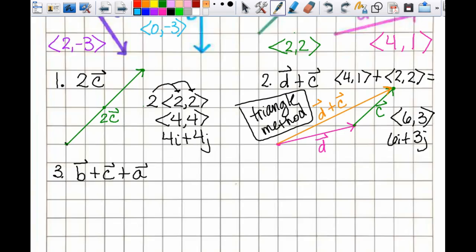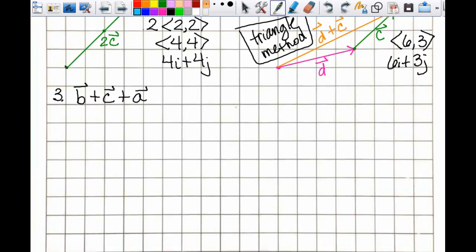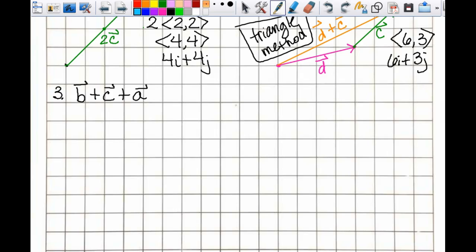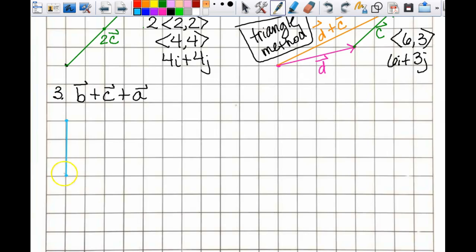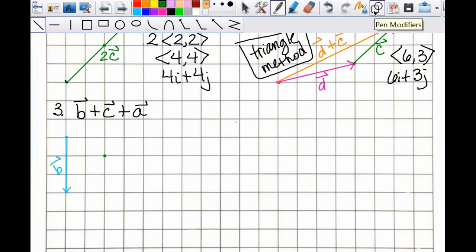All right, so now come back down here, and I'm going to start with B. So B is 0, negative 3. So here, 0, and then 1, 2, 3. There is B. Then I'm going to add to that C. So from the head of B, I go to the right 2 and up 2 to get C in there.